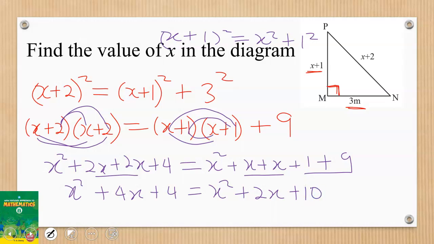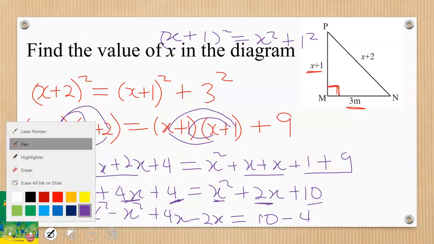Now, when I try to group like terms and I move this one to the other side, I'm going to have x squared minus x squared. Then plus this 4x here. And if I move this 2x here also, it becomes minus 2x. Let me say it's equal to the 10 that is here, then this 4 moves to the other side to become negative 4. So this is what I have.